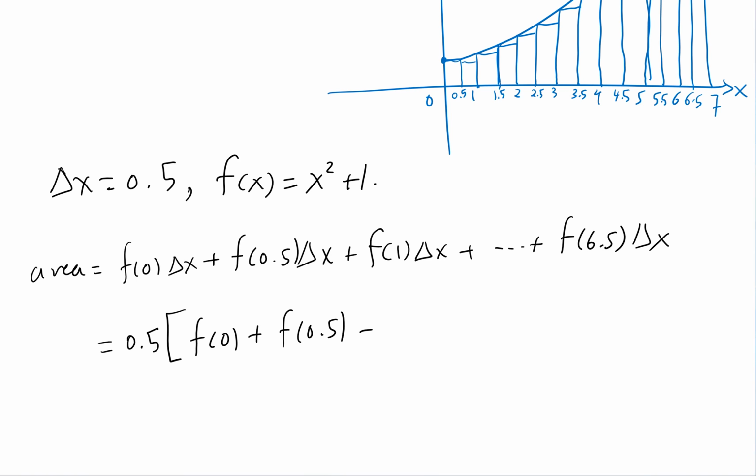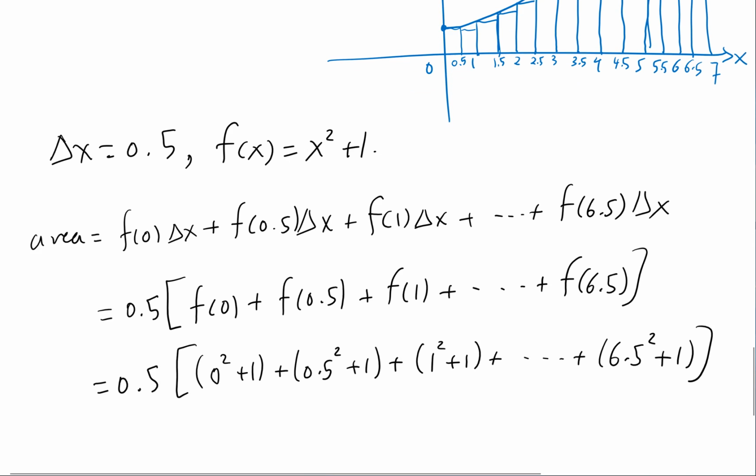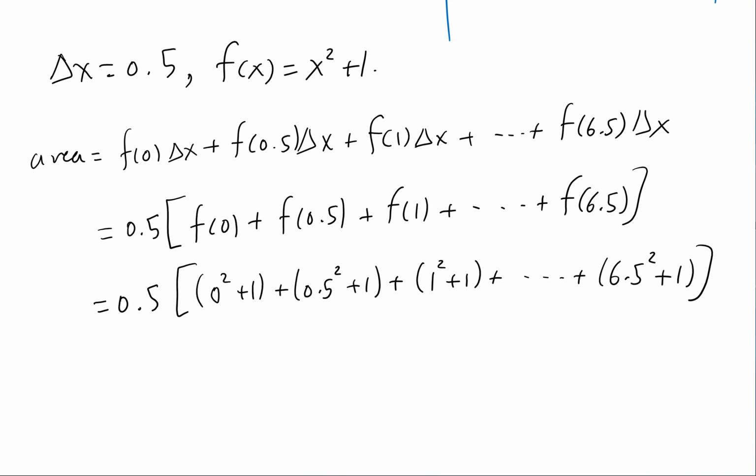You can just keep it outside at all times and do the work inside for the function. So 0.5 times f of 0, which is 0 squared plus 1, 0.5 squared plus 1, 1 squared plus 1, and so on. All you have to do is substitute those into the function, x squared plus 1.